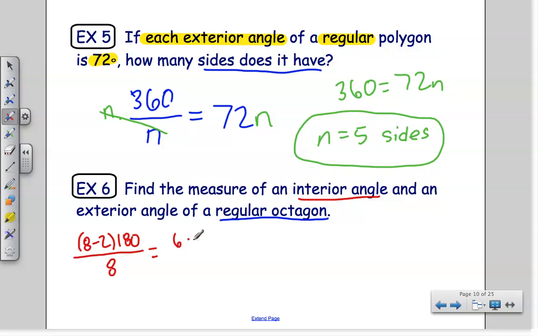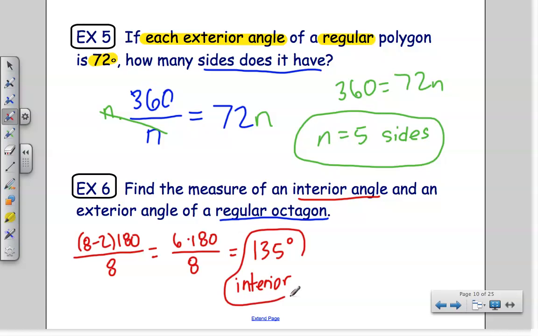So really I'm doing 6 triangles times 180, each divided by 8. Let's see what I get here. I'm doing 6 times 180 divided by 8, and I get 135 degrees. This is the measure of each interior angle of a regular octagon.